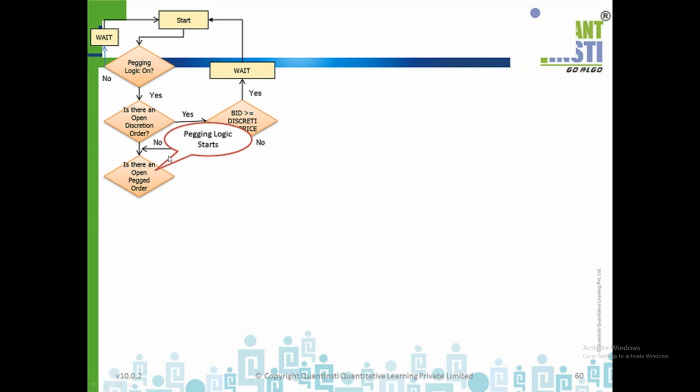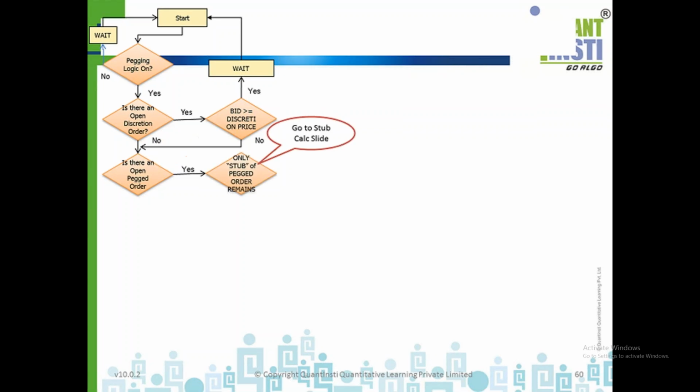If it is not urgent, or if the bid-ask spread is greater than the discretion price, then obviously it will not get traded, right? Because your order will not get executed. If the bid-ask spread is less than the discretion range, then you will check, is there an open pegged order, right?